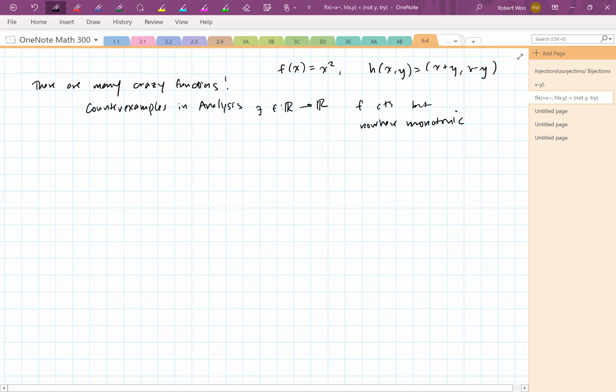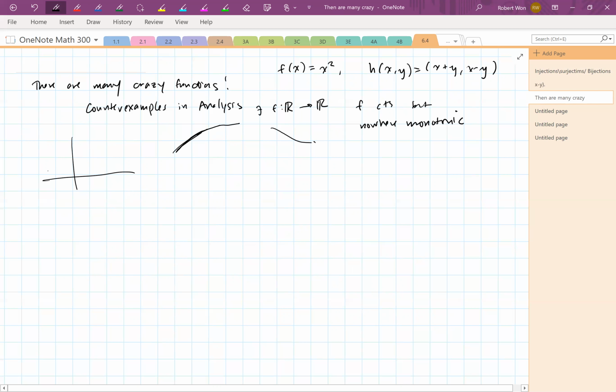So monotonic means that you are either weakly increasing, maybe even flat, or weakly decreasing on some little interval.